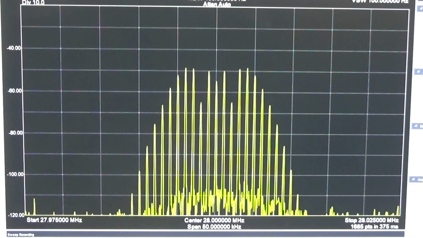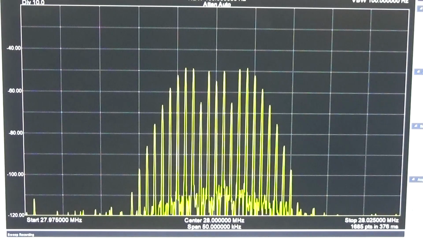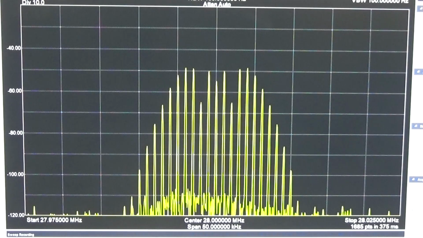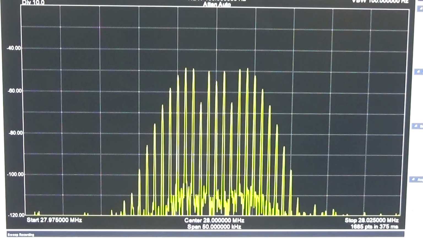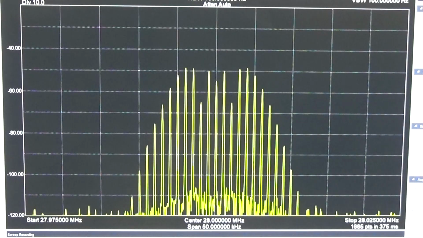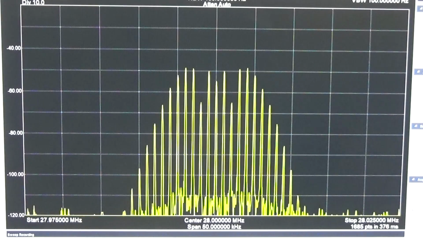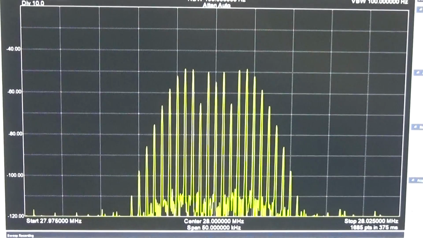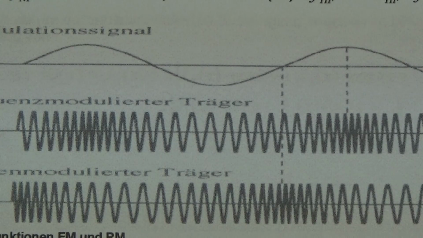Okay, but what else is in our deviation? Is it only the channel space you need, or is there another information in that? And that is now the next question we try to answer. Alright, and we have seen this graph or this picture before on the monitor.